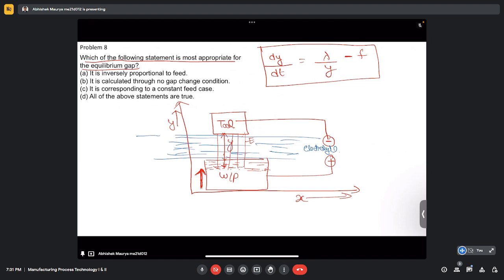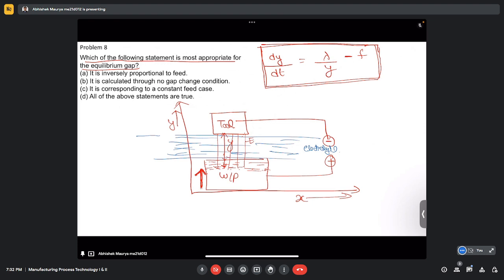Earlier, which I have shown in the previous problem, that was the zero feed condition. So this is the main equation. In the earlier case, we put feed equals to 0, but now this is another condition. Here we are giving some feed to the workpiece, but that feed is not random.